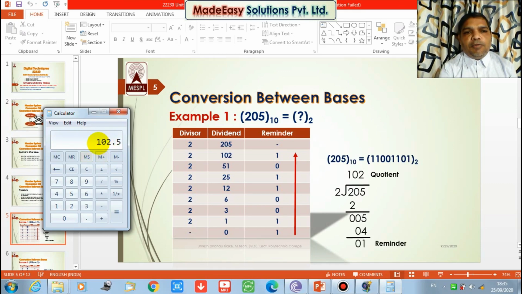So here 102 is our quotient and 0.5 is actually the remainder which is in fractional form. So to get the remainder as an integer, just multiply this fractional remainder by 2. So this we get as a remainder. So you can use a calculator as well to find quotients and remainders for every division step.